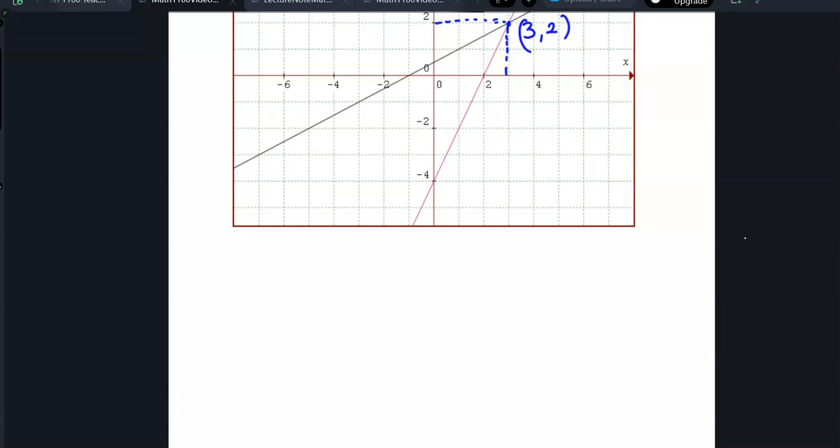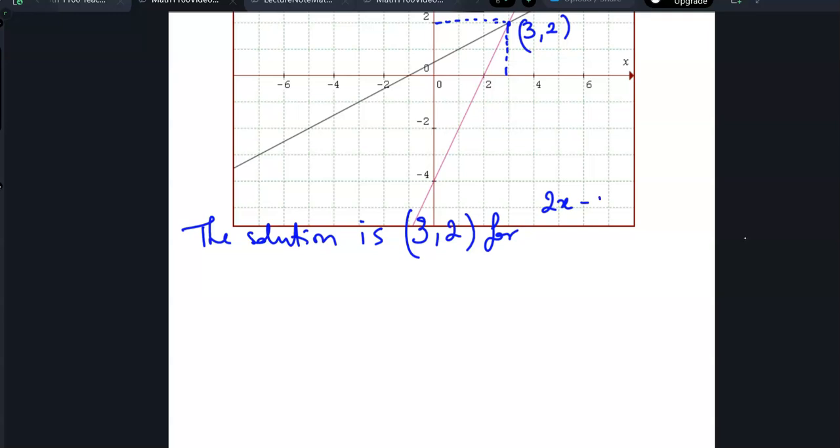Let's say we using algebra to solve for this, then is that easier so that we can have the exact same solution. Okay, so the solution is x equal to 3, y equal to 2 for the system of the two linear equation that we have.